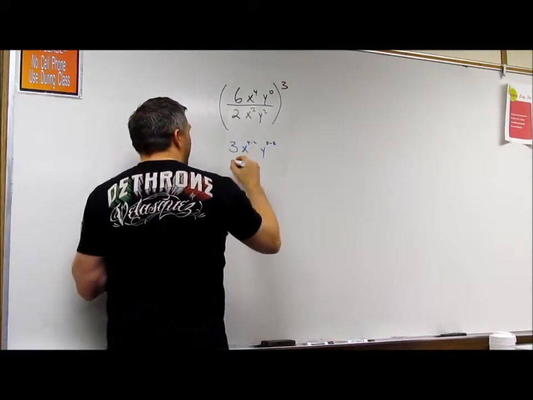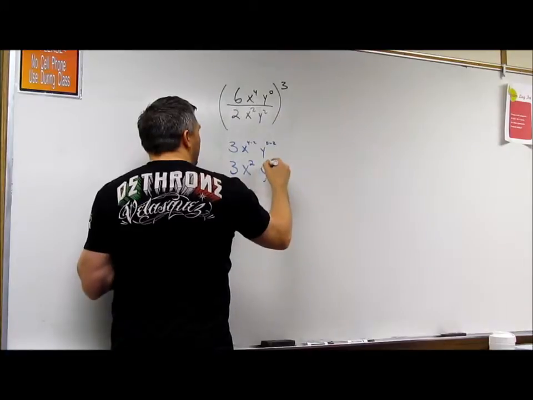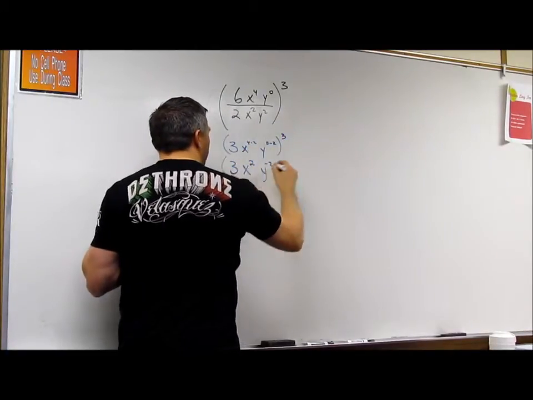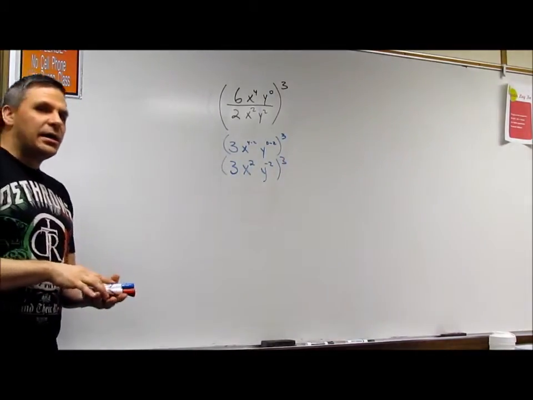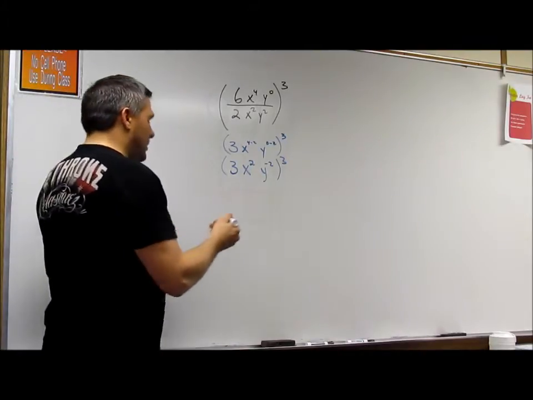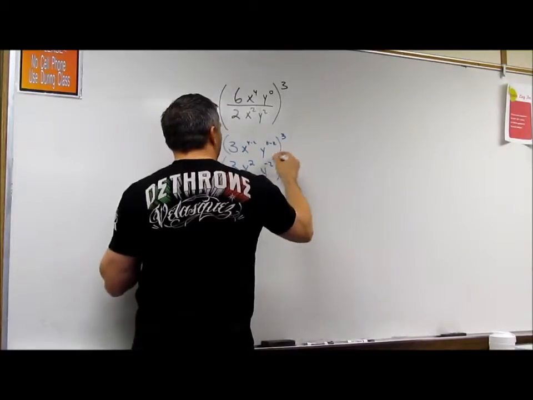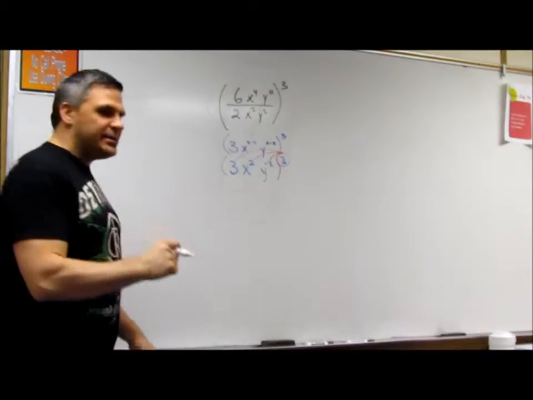So what I really have here is 3x squared y to the negative 2. And they're still raised to the 3. So I still need to deal with that exponent on the outside. So that exponent on the outside comes through and multiplies all the exponents on the inside. Just the exponents on the inside.